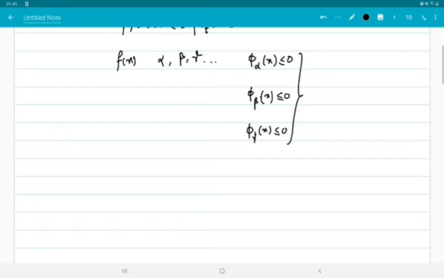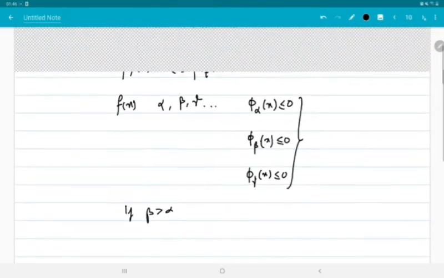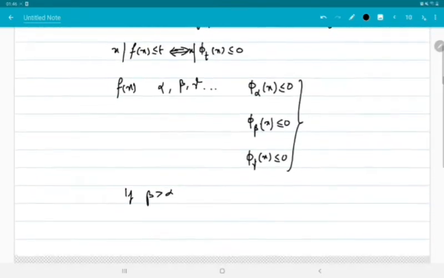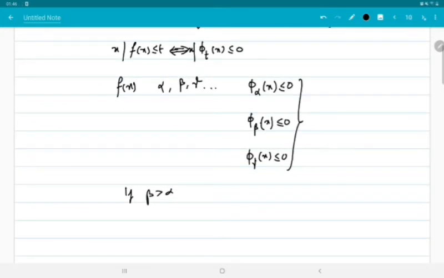One thing we may notice is that if beta is greater than alpha, then the t sublevel set, sorry, let me write this here. This is representing the sublevel set f x less than equal to alpha. This is f x less than equal to beta, less than equal to gamma.